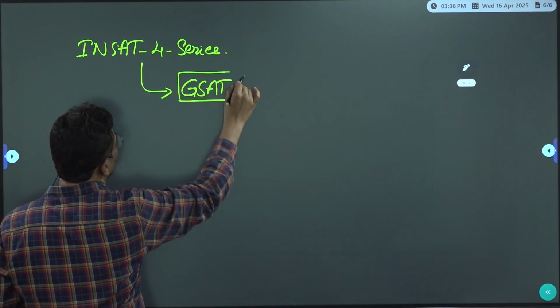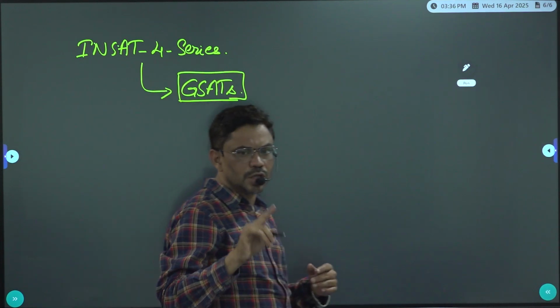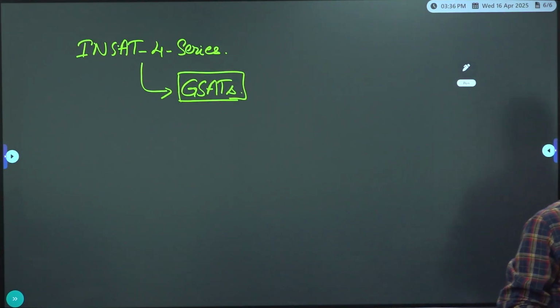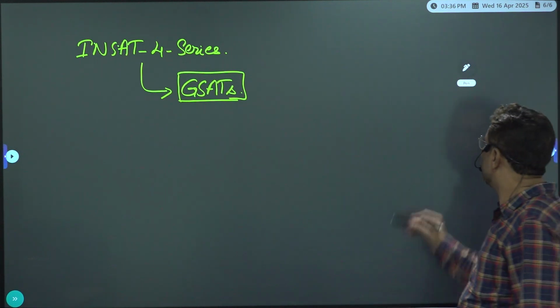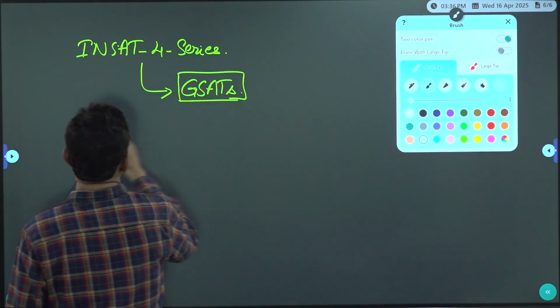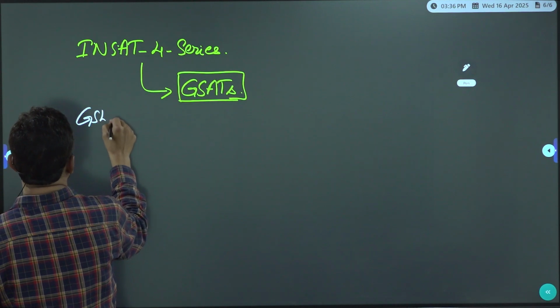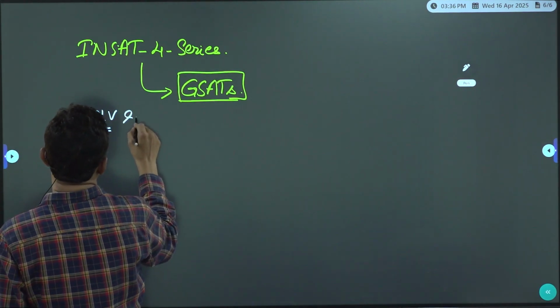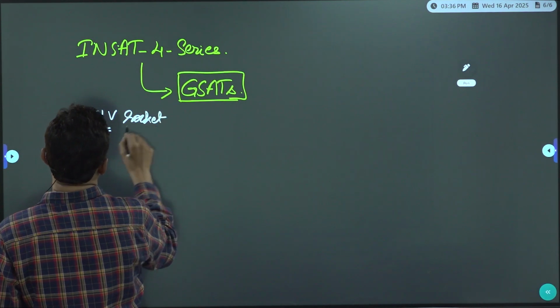GSATs means geostationary satellites. And to launch these GSATs or INSATs, the GSLV rocket is used.